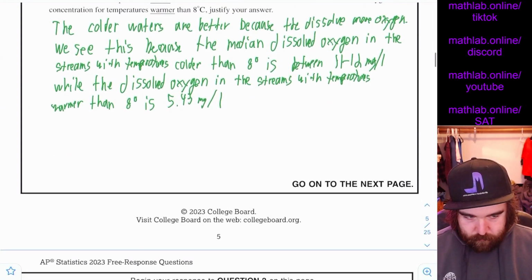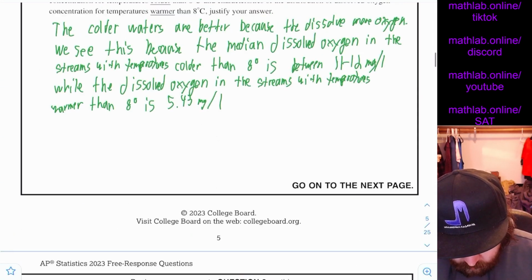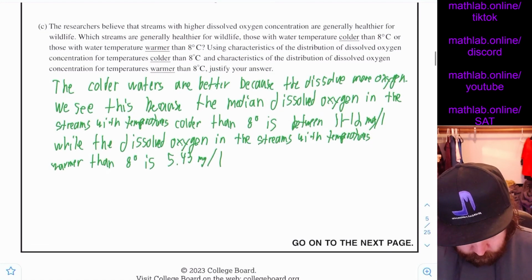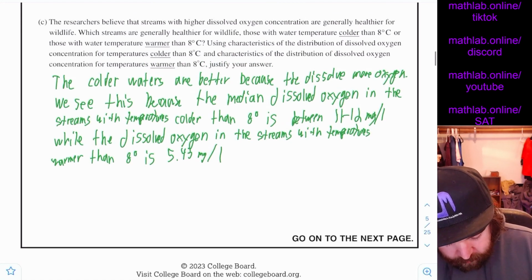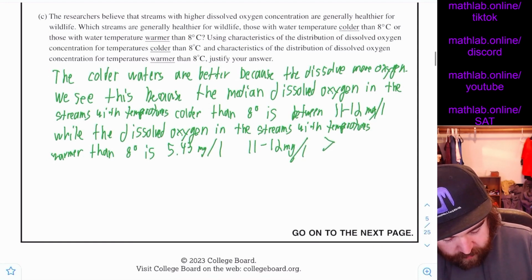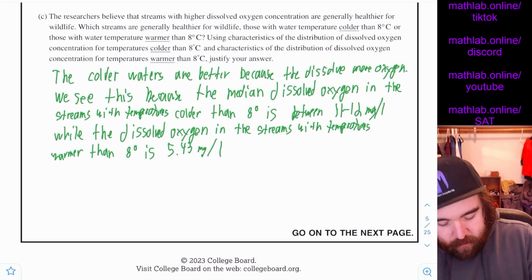Okay. So, what then? I'm going to throw in a little quick 11 to 12 milligrams per liter is greater than 5. Or no, we'll throw in a little more sensible statement than that.